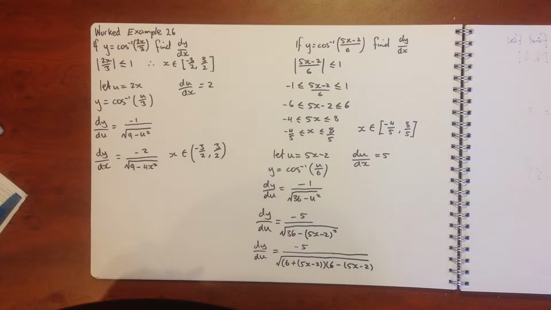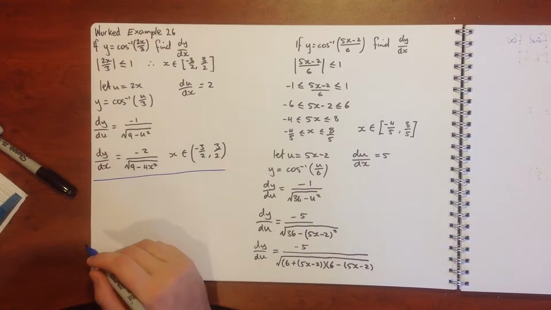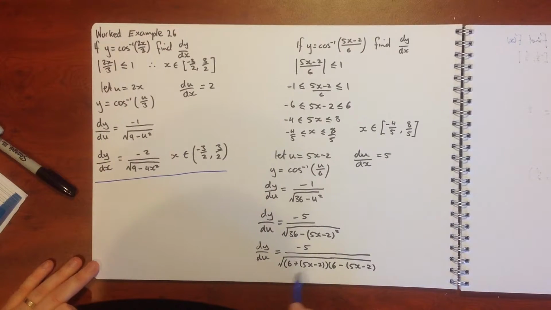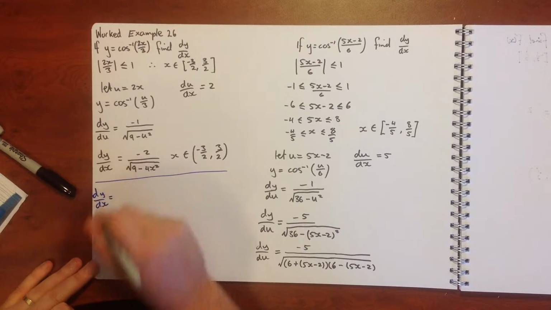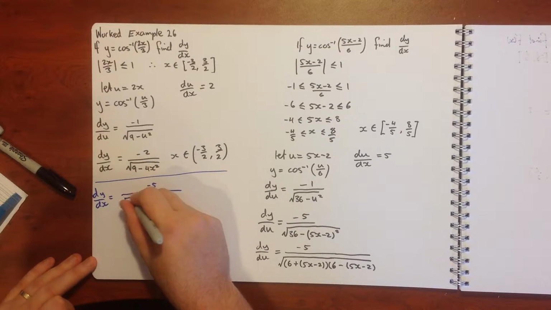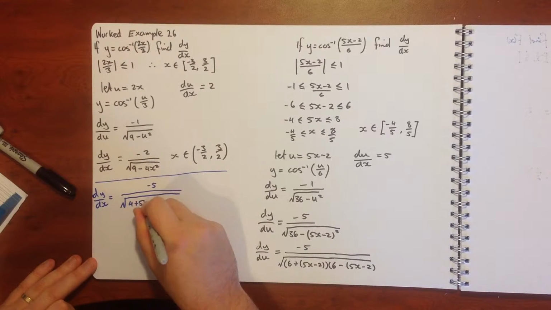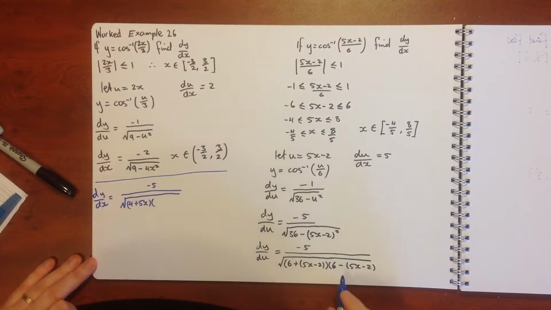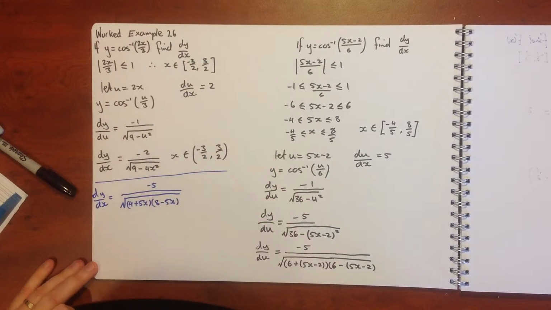Okay, I'll switch colours just so it's clear where I'm going. So I'm just going to come up to here now, because we can expand out these brackets, and really say that dy/dx is equal to minus 5 over the square root of, well, 6 take 2 is 4, so we've got 4 plus 5x, times our, we'll take a negative, so it's going to be 8 take 5x, and then just leave it in that form.